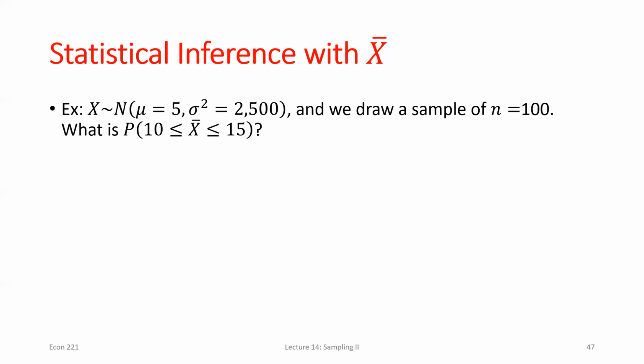What would the z-score for my mean be? We said the z-score interpretation is the number of standard deviations away from the mean. So the mean should always have a z-score of 0. From there, I need to convert these two values of 10 and 15 into z-values. Now, I have the equation up here. I can go ahead and plug all my numbers in. But notice that my standard deviation of my sample means is 5, the mean is 5, and I'm looking at the value of 10. How many standard deviations away would 10 be from 5?